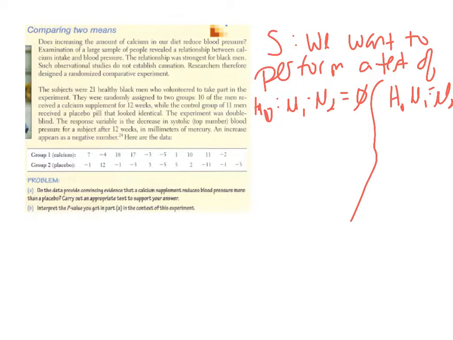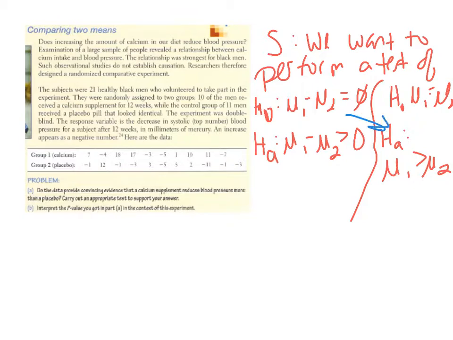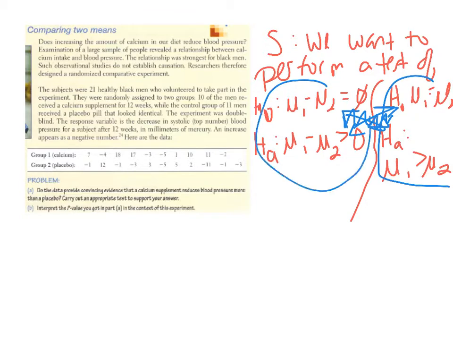If you chose to do the subtraction one, then your alternative hypothesis would be that mu1 minus mu2 is greater than 0. And if I chose to write that the two were equivalent, then I would have that mu1 is greater than mu2. So I choose one or the other. What I don't want to do is mix these. That's not okay. You have to go straight down the line.